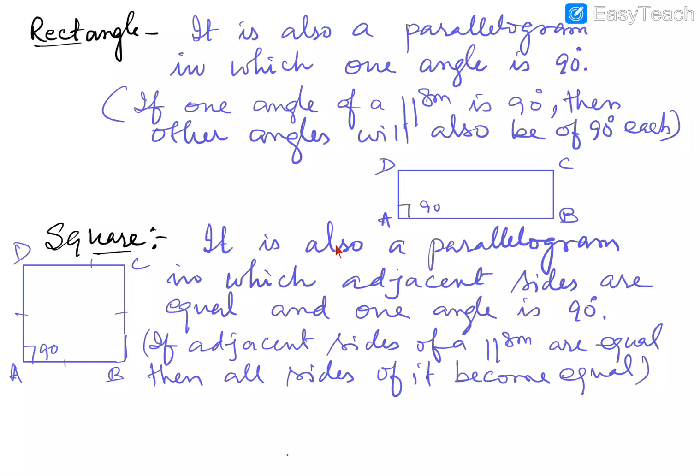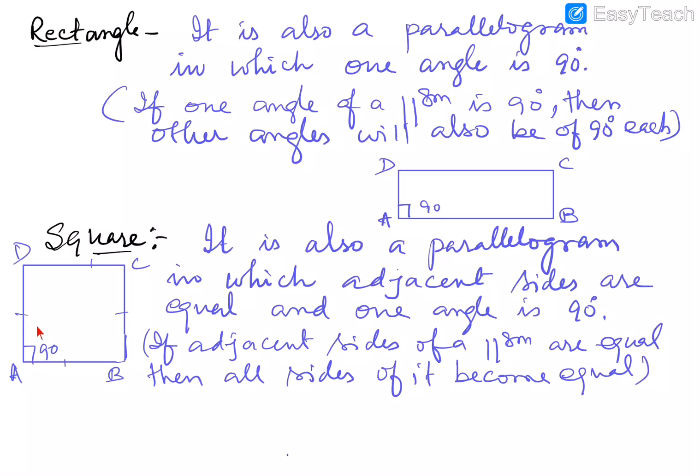A square is also a parallelogram in which adjacent sides are equal and one angle is 90 degrees. If adjacent sides of a parallelogram are equal, then all sides become equal, as in the case of a rhombus. And here all the angles will be 90 degrees.